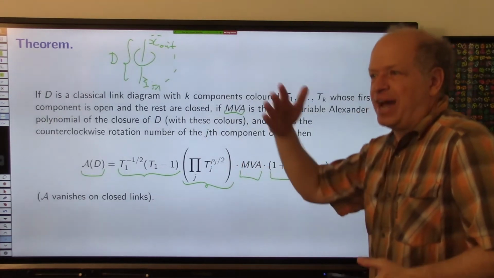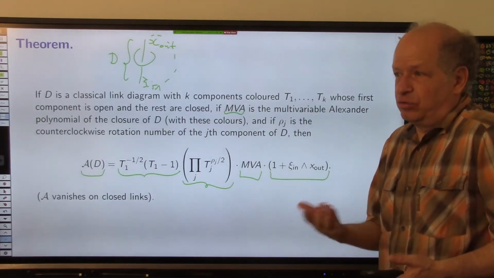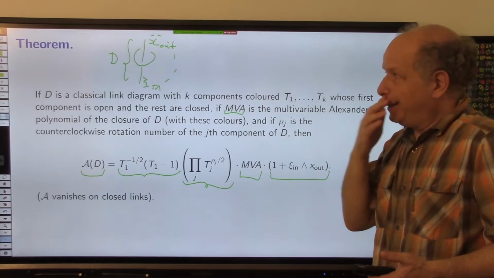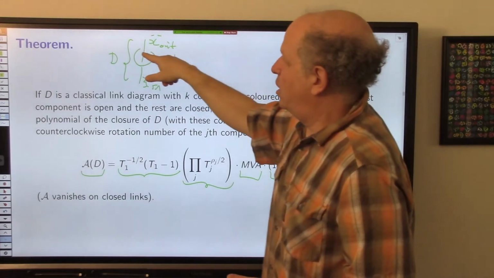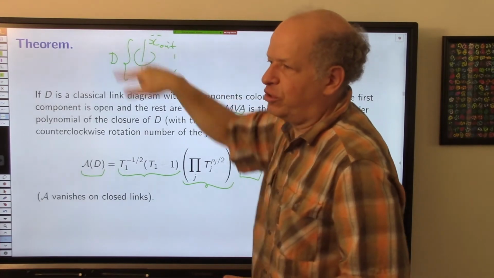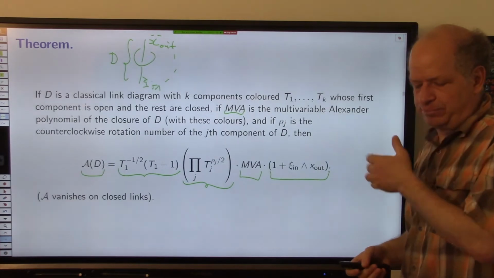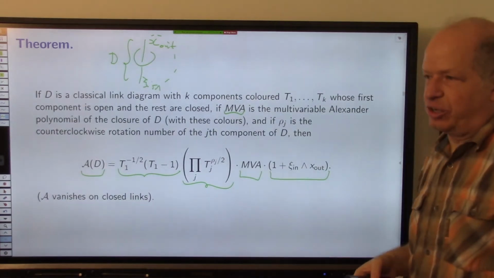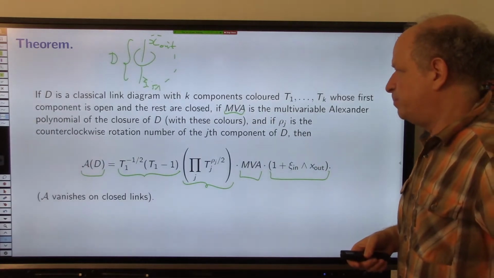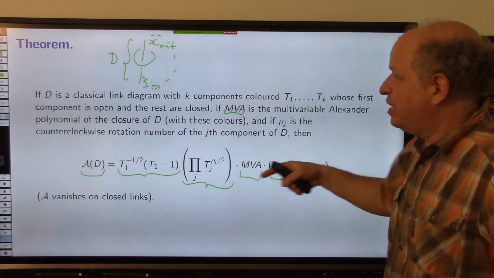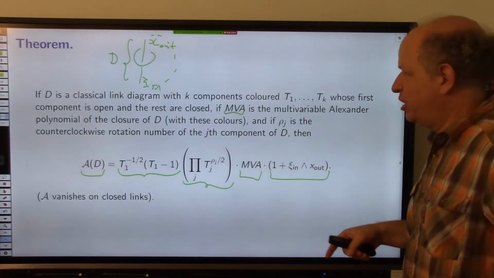If you have a planar diagram, then in addition to knot theoretic properties, it also has rotational properties. Basically, how many times did you turn counterclockwise when you traversed a component of the diagram? So this A invariant contains the multivariable Alexander polynomial.